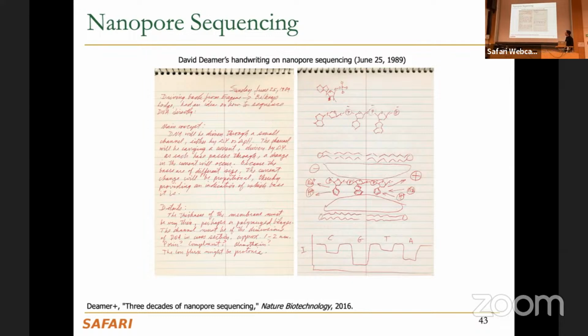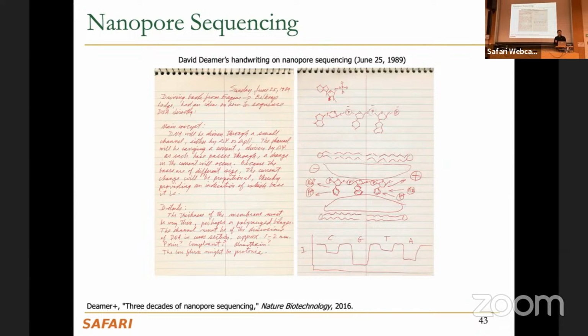For example, this part might be positively charged, and this part negatively charged. David was thinking about this because he probably knew that DNA is also negatively charged. The question was, can we move this DNA from one region to another while we have a current flow between these two regions?